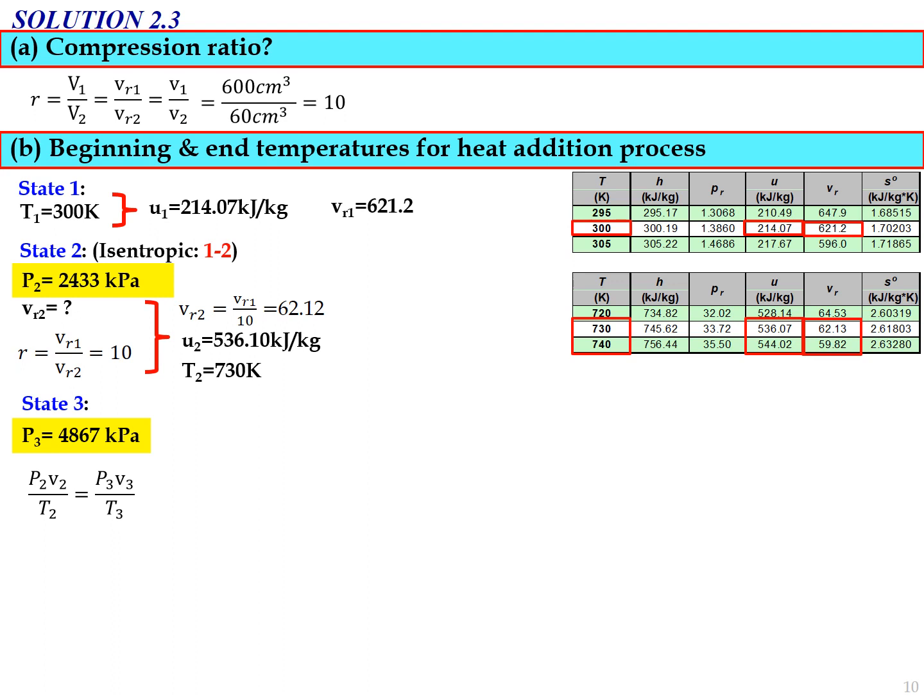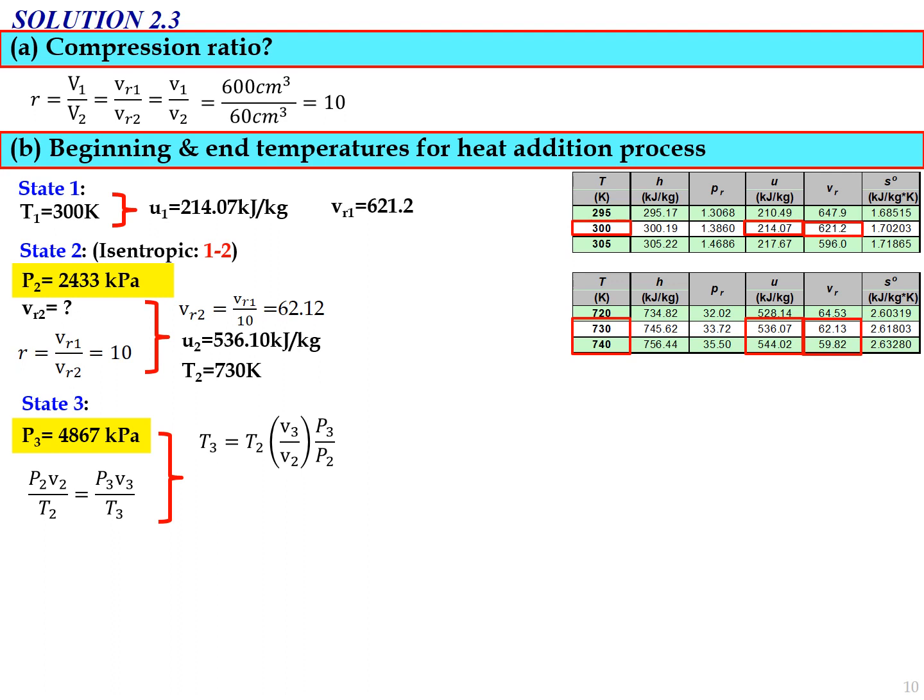Okay, so now for state number 3, we don't have any other information, so we can use the ideal gas equation, P2 V2 divided by T2 equals P3 V3 divided by T3, in order to determine the temperature T3. Rearranging the equation, T3 equals T2 multiplied by V3 divided by V2 multiplied by P3 divided by P2.